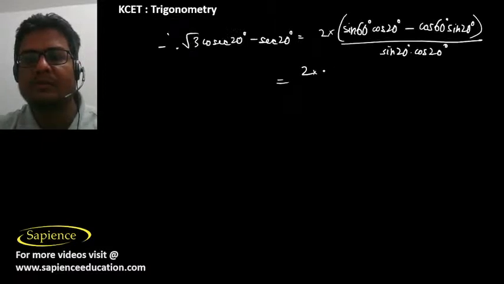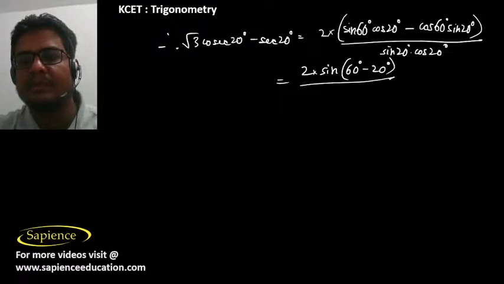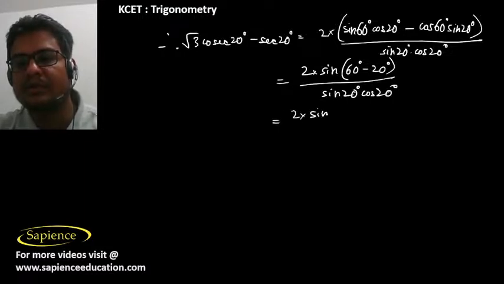This will be 2 into sine A cos B minus cos A sine B, which is sine of A minus B. So this will be 2 into sine 40 degree divided by sine 20 into cos 20.